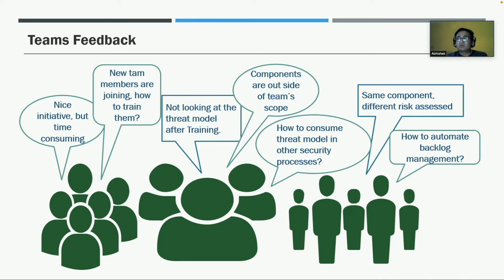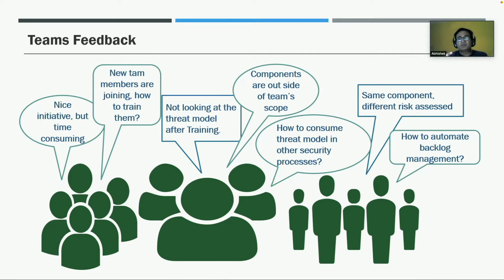How to consume threat models in other security processes? Okay, we created a threat model. We identified certain threats. So how to prioritize the risk? How to create a scope out of it for my threat, for my pen testing? Same component, different risk assessment. So the consistency was not there, right?